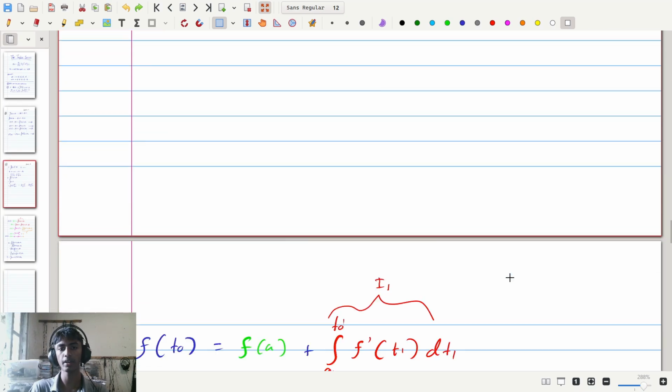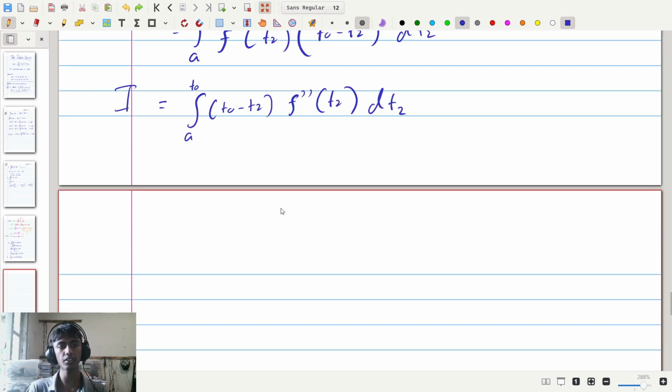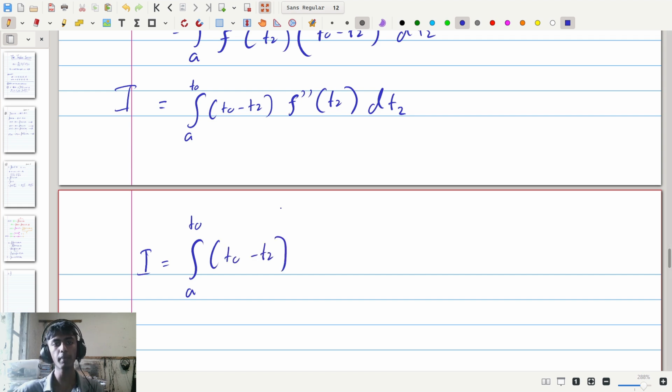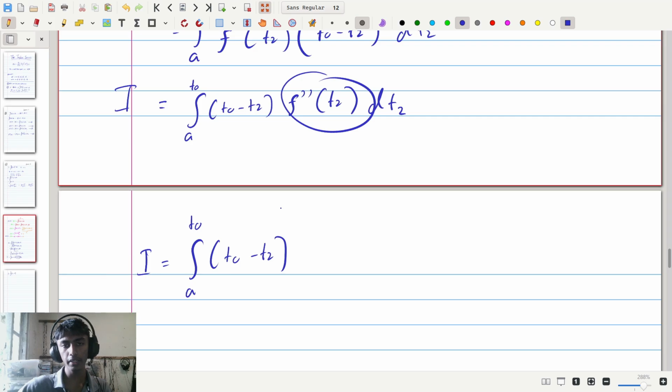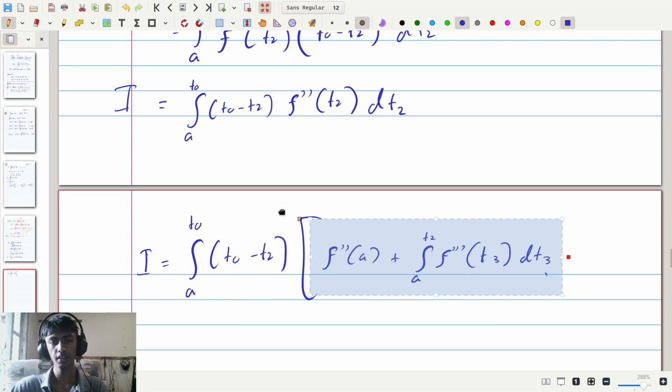So down here, what we have is that I is equal to the integral from a up to t0 of t0 minus t2 multiplied by the double derivative of f evaluated at t2, which we can replace with our expression in equation number 3 as this.